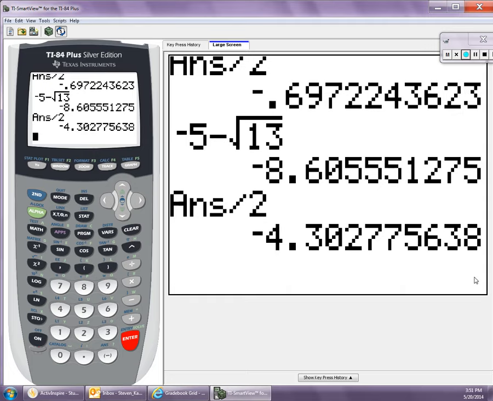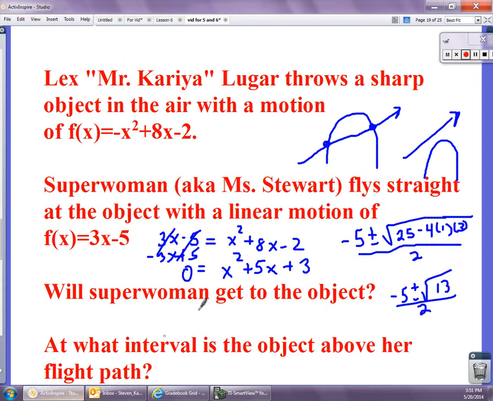So in this problem, you actually get 2 negative answers. So Miss Stewart actually doesn't get to, this is actually kind of an interesting problem because the way I constructed it, they actually do intersect, but they intersect at negative times. So technically, she doesn't get to it.